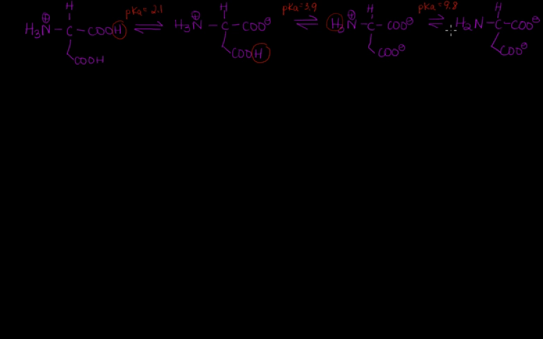So here we have aspartic acid. You can tell by the side chain, and you'll need to be able to identify all the amino acids eventually. So we've got the amino group, the acid group, and the side chain. I've already drawn it all out, identifying the pKa's of the different circled protons. The pKa of this proton is 2.1, the pKa of the side chain proton is 3.9, and the pKa of the amino proton is 9.8.